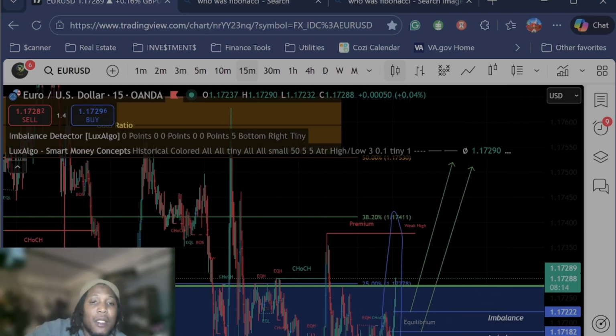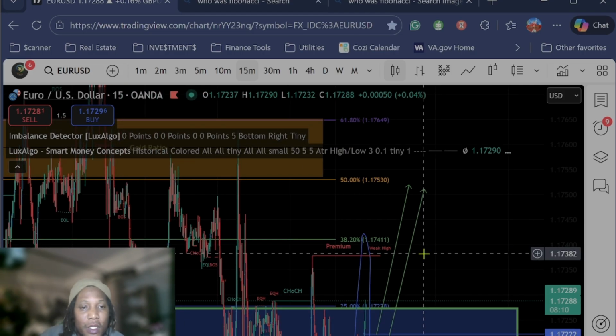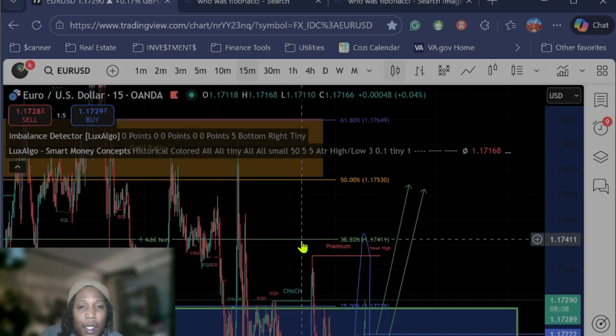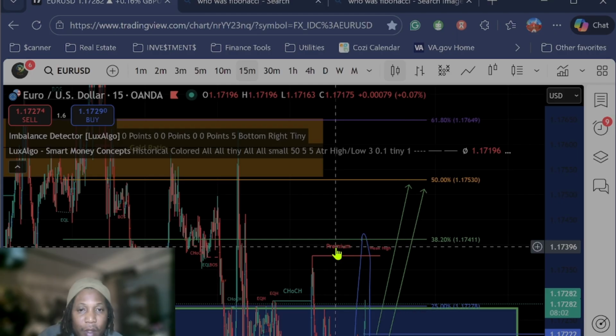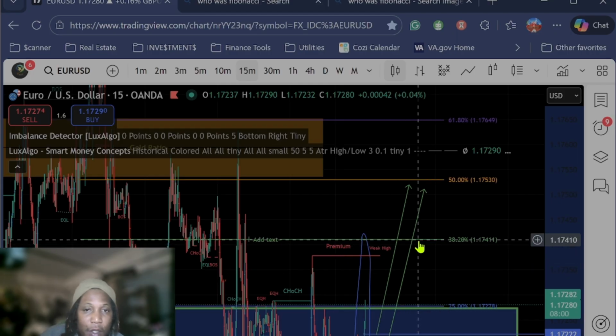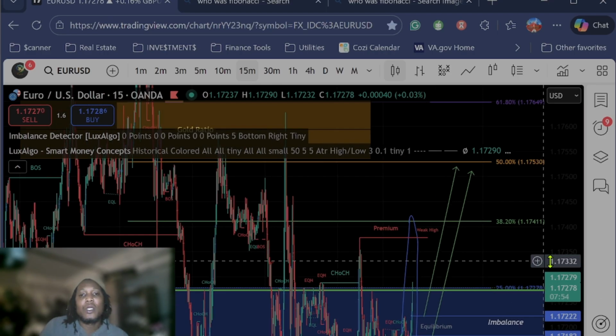And then you could use the Fibonacci retracement tool that you also just learned. The 38.2 could be your first target right here. So let's see what happens.